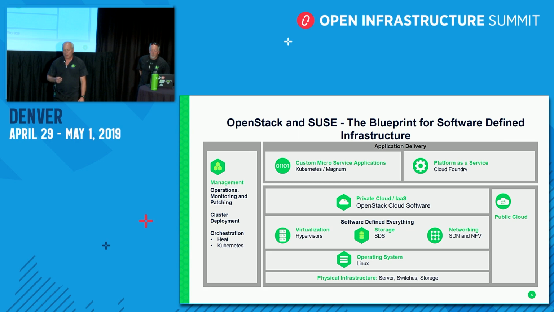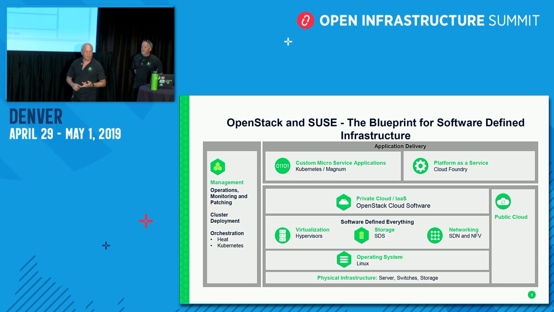Okay, so this is our blueprint for software-defined infrastructure from SUSE. We have built this infrastructure based on our enterprise Linux capabilities. So the base enterprise quality Linux operating system is the foundation for everything that we build upon. Part of that offering is providing a virtualization engine, KVM.